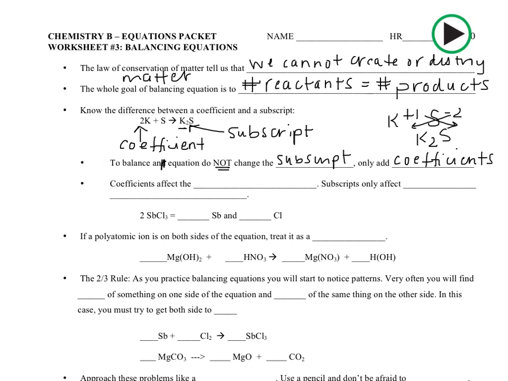The other difference between a coefficient and a subscript: coefficients affect the whole formula. Subscripts only affect what they are touching. And that may seem not totally clear, so I'll give you a little example here.